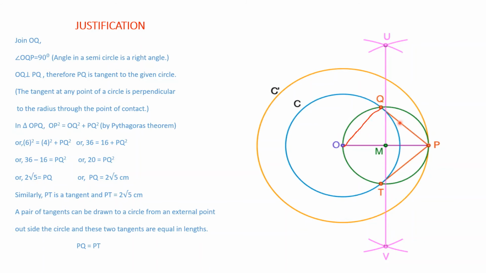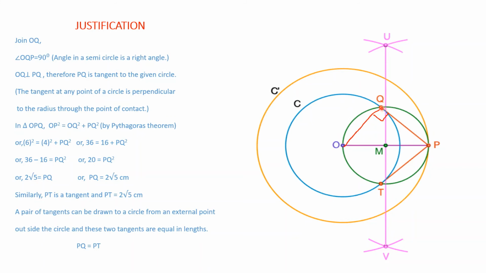This is an angle in a semicircle, and this angle OQP is 90 degrees, because an angle in a semicircle is a right angle. Now see, OQ is a radius and QP is a line. OQ is perpendicular to QP.